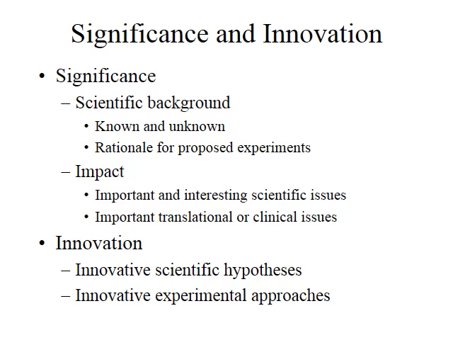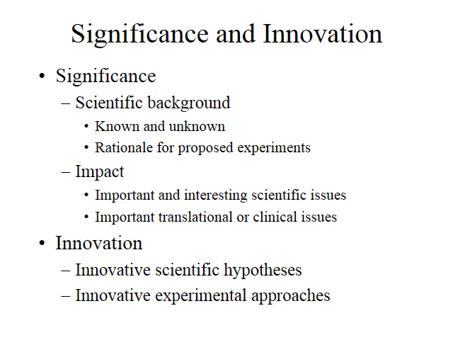Following the specific aims page are the significance and innovation sections of the grant proposal. The significance section gives the scientific background of your proposed question. You begin by describing what has been done previously, what is known about the problem, and then this is followed, and this is very important, by describing what remains to be discovered about the research question that you're asking.